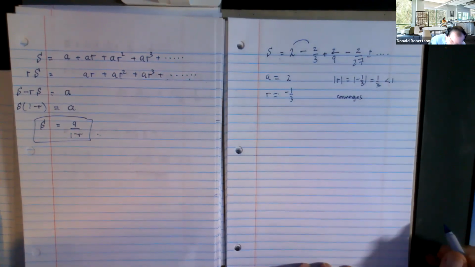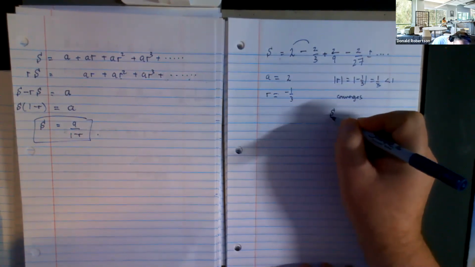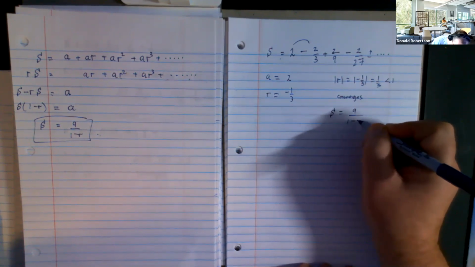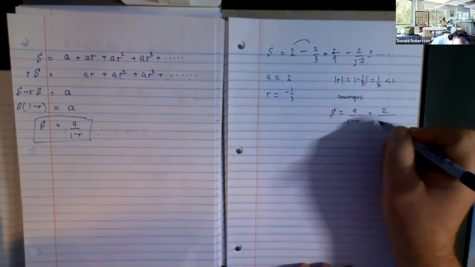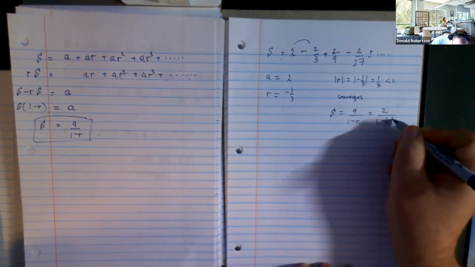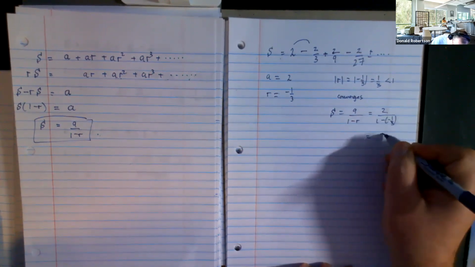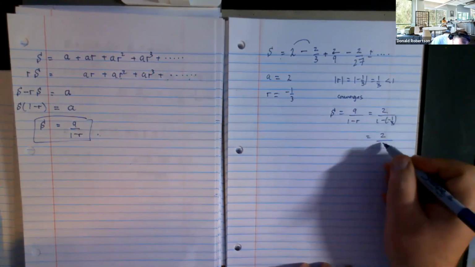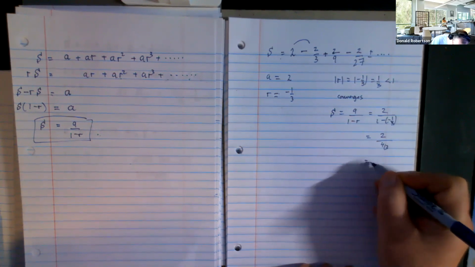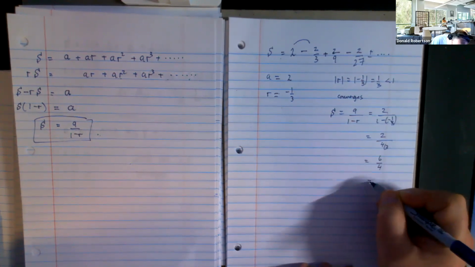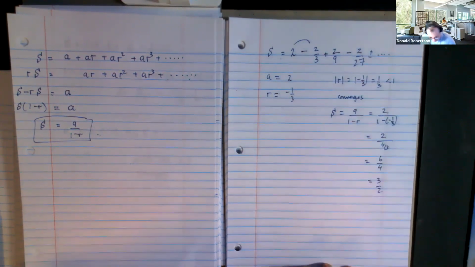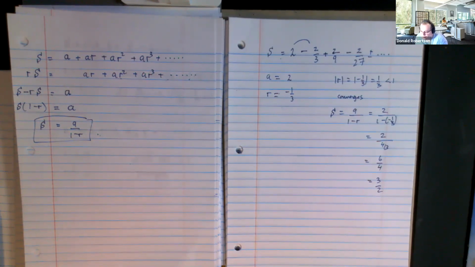Agreed? Now, that means its sum is that. And 1 plus 1/3 is 4/3, and that gets you 6/4, and that gets you 3/2. So hopefully you dealt with the fractions correctly.